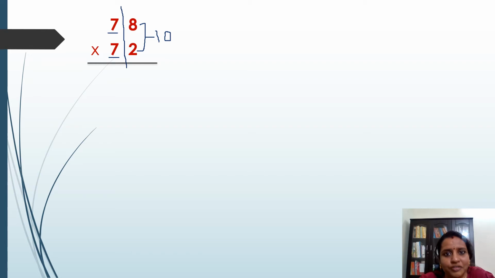For this kind of numbers, we are going to apply the sutras Ekadikena Purvena and last totaling 10. Okay, to get the answer, I'm first splitting my answer into two parts. One is LHS and the other is RHS.